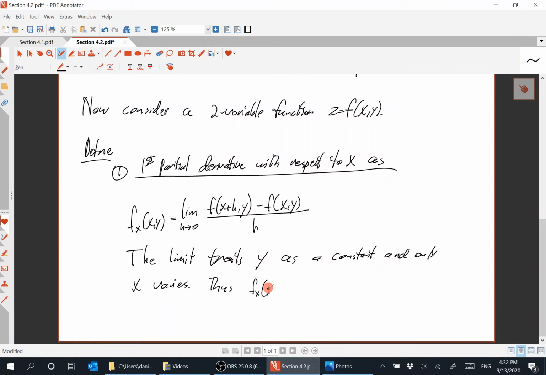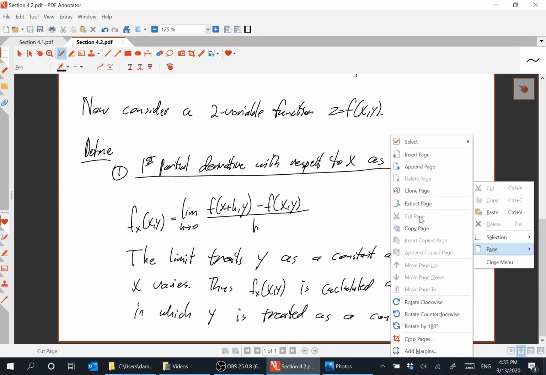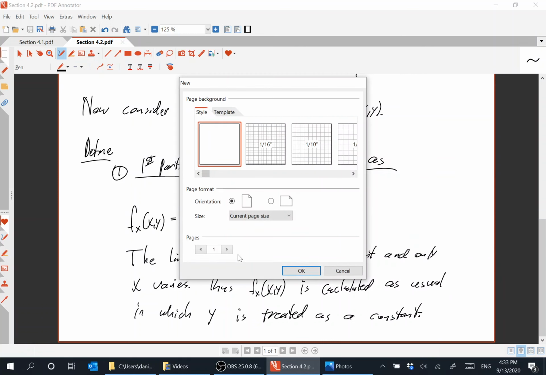Thus, f x of x, y is calculated as usual, in which y is thought to be a constant. It's the same definition as before. It's just you've got this letter y hanging around, but it's a constant anyway, so you just treat it as such.